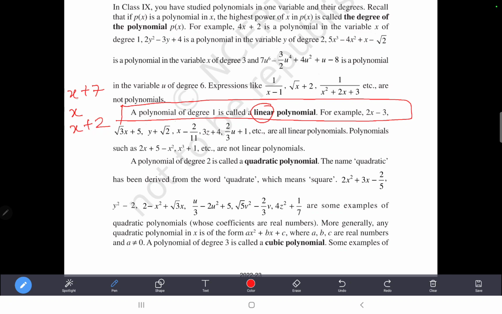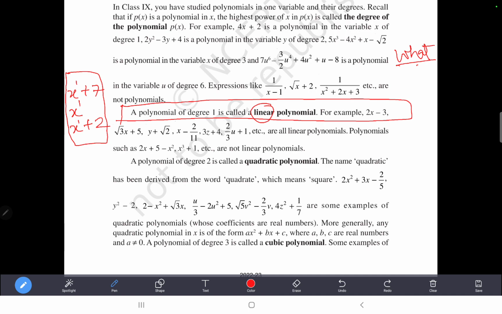In all of these the variable is x and the power of variable is 1 everywhere. Degree of polynomial means the highest degree of variable in a given polynomial is 1. It is called a linear polynomial. It is a definition, and you have to learn it. These are basic definitions.